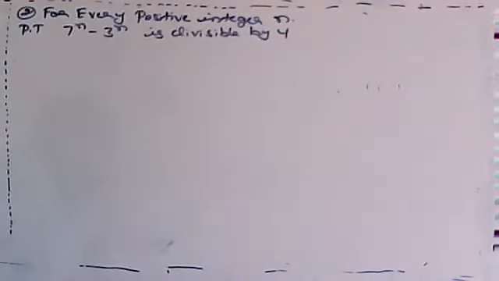Okay, for every positive integer n, prove that 7 to the power of n minus 3 to the power of n is divisible by 4. We have to solve. Correct.